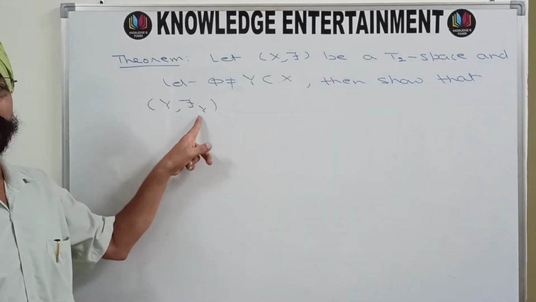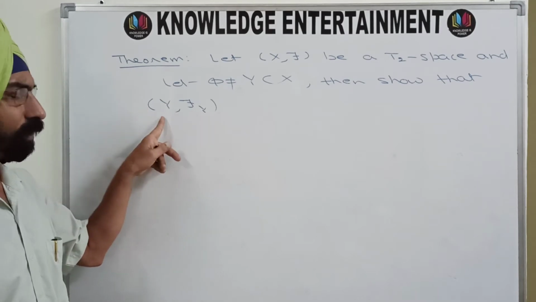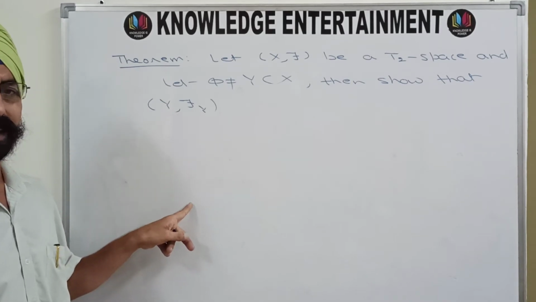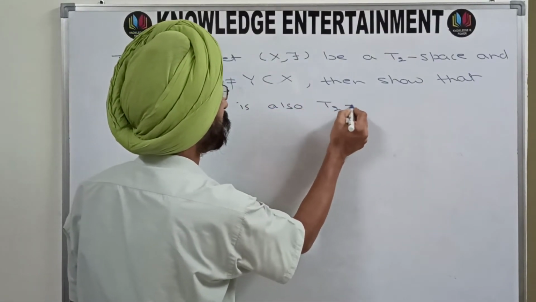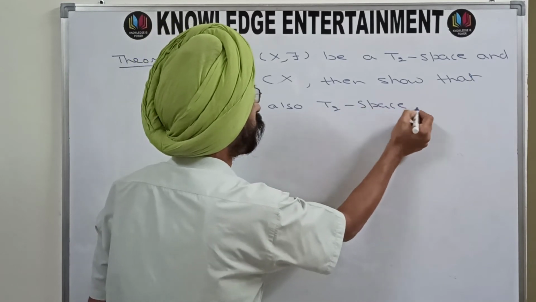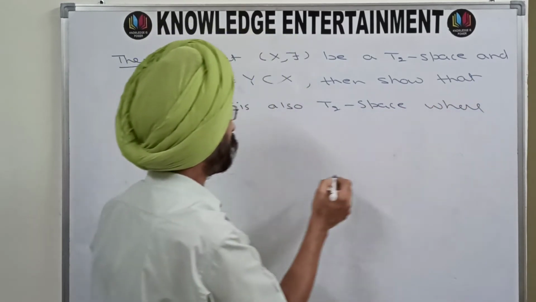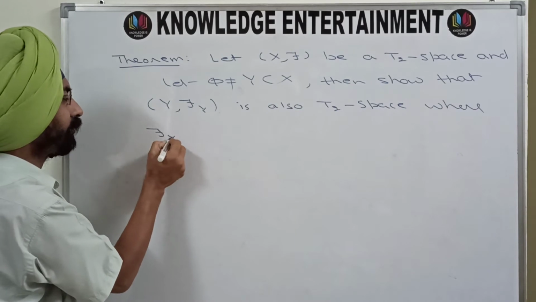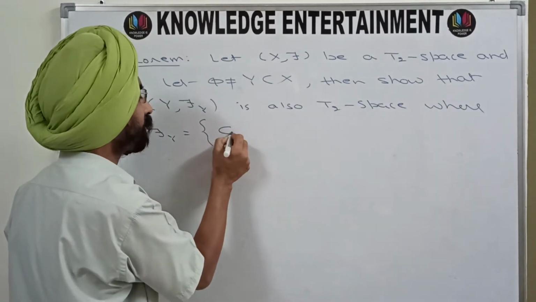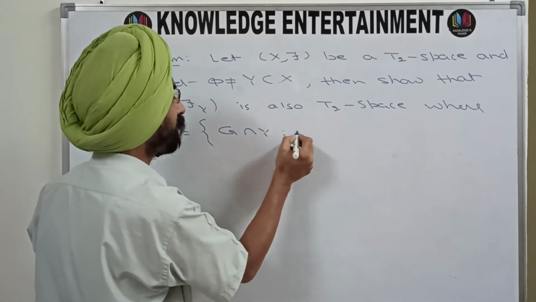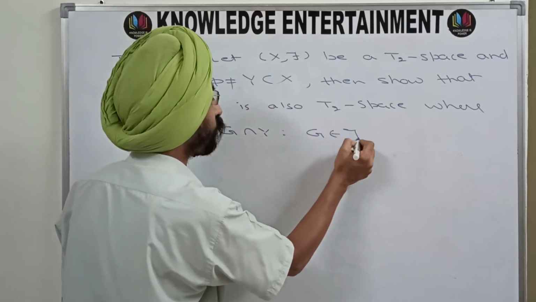Tau Y, you know what it is. It is the relative topology defined on Y. Here tau Y will contain the sets of the type G intersection Y, where G is a member of tau.